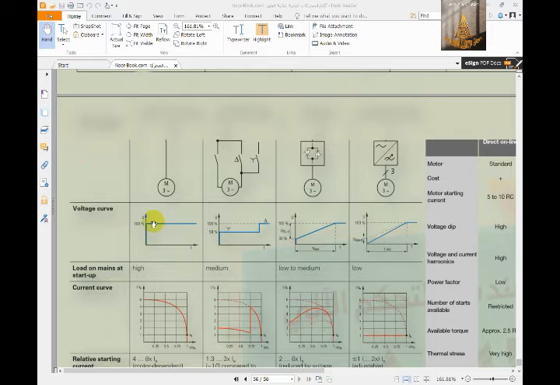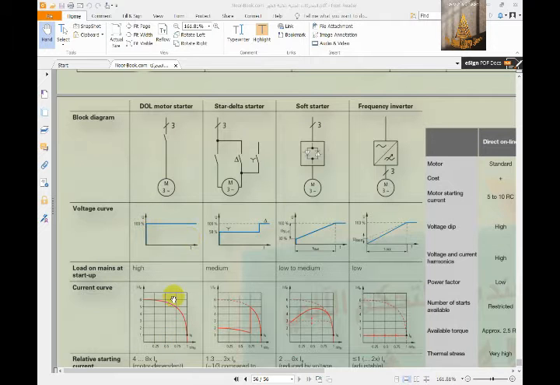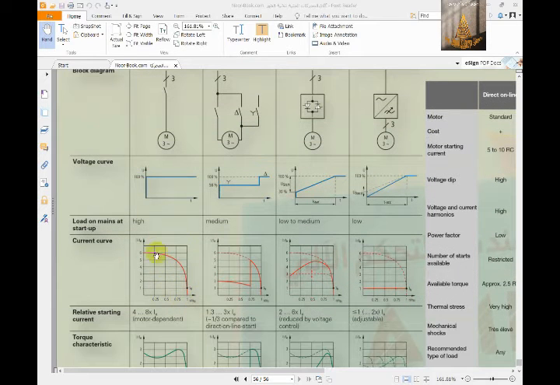When you see the direct online current curve, you will find the current reaches its highest value, 6 times, maybe 8 times the rated current. It's a very dangerous thing for the motor coils and also for the cables. It's just a very high starting current.